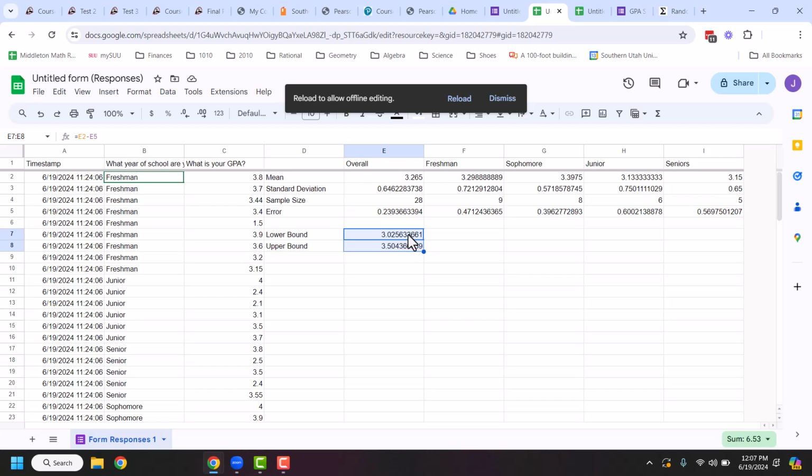But assuming that your sample is representative of the entire population, you would expect that your population mean with 95% confidence is between these two numbers.